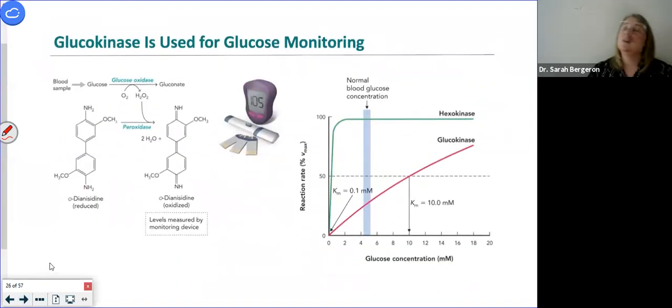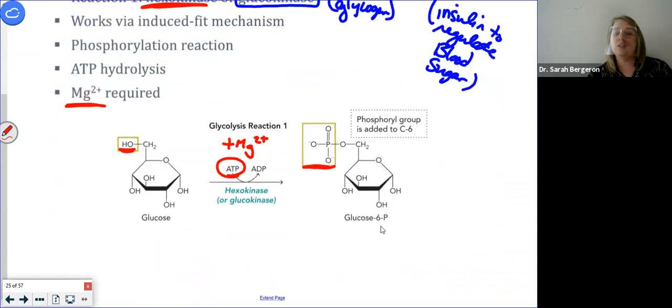So when we talk about blood sugar, right? What form is that sugar in? Is it glucose or is it glucose 6-phosphate? It's in the glucose form because it's out in the bloodstream, right? So how does glucose get into the cell?